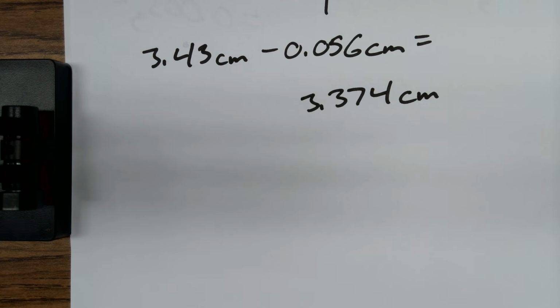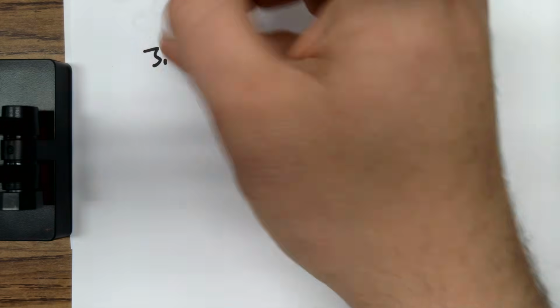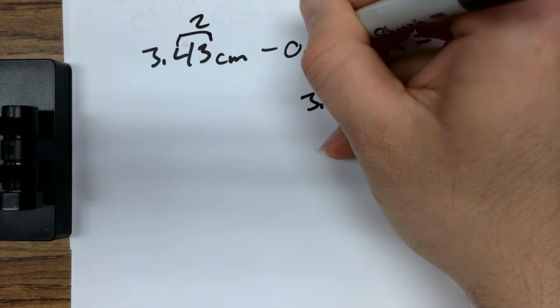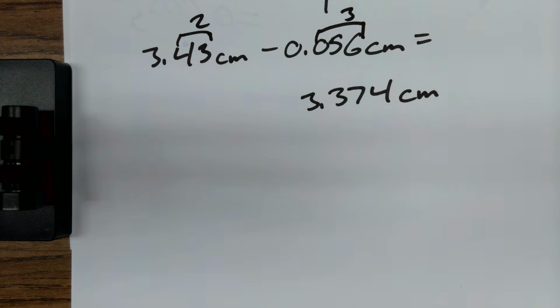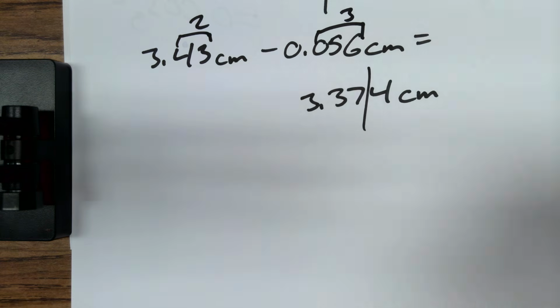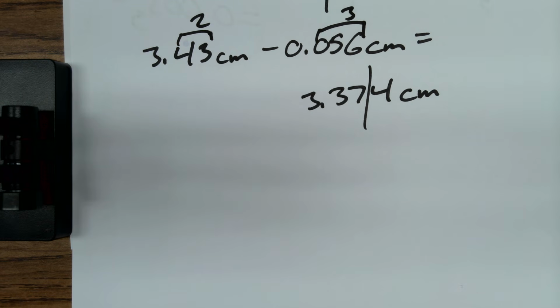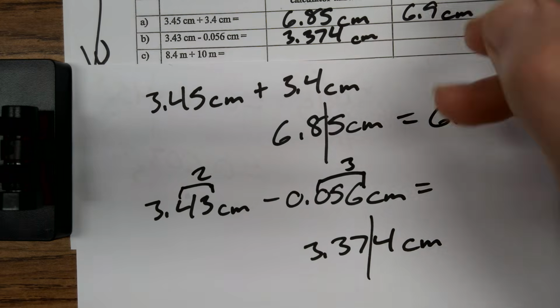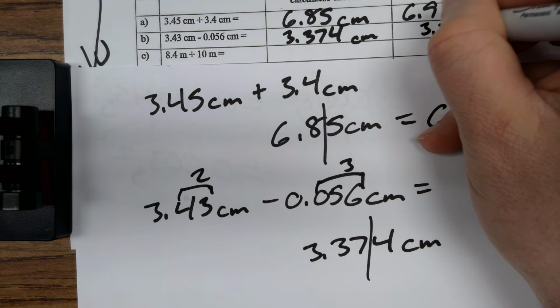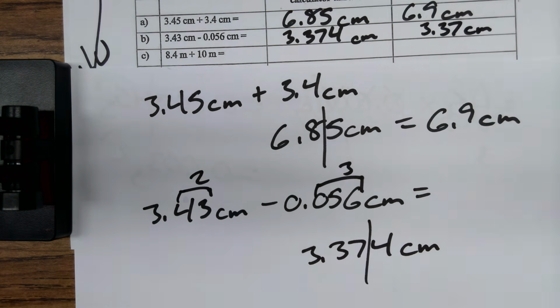So, how many decimal places can my final answer have? 2. It's 2 here, 3 here. So 2, 3, 2. Is the 4 big enough to push my 7 to an 8? Nope. So that means my rounded answer is 3.37 centimeters.